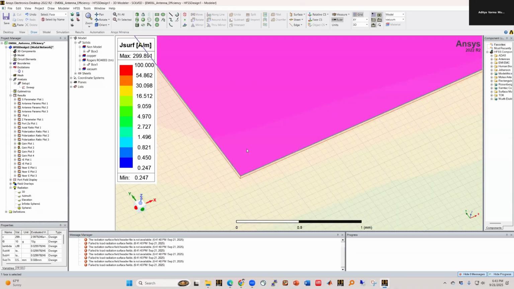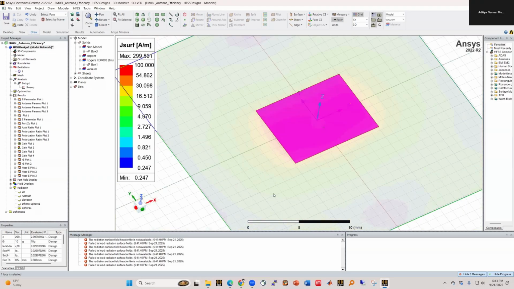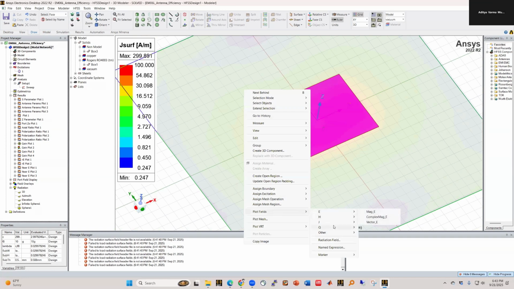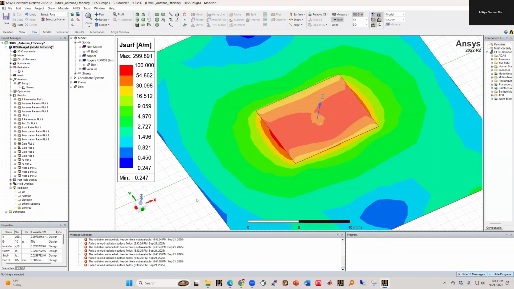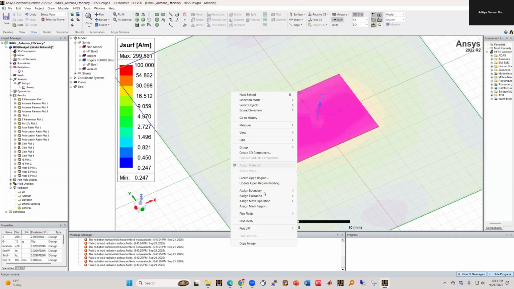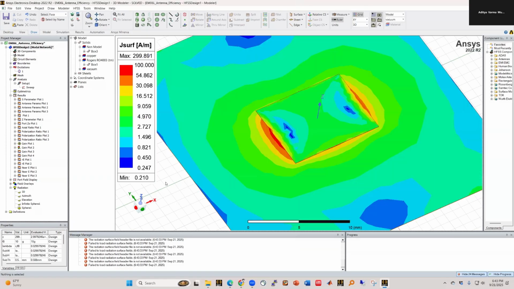Select the top face, hit B to go to the bottom face. And we plot that. Plot field, mag J. Okay, that's what that is. And we can also plot the top face. All right, so maybe we can look at one at a time.